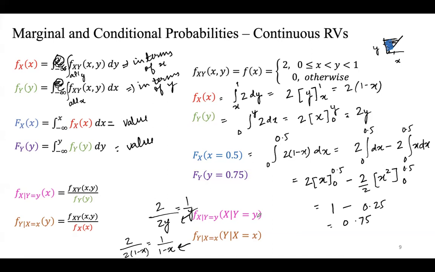So if it was 0.75, you just put that value right here. Likewise, this is the opposite. Conditional probability of getting Y when you're fixing a certain value of X. To get a particular value of X, you're doing it for all Y's. You get this marginal probability, and then that's divided by the joint probability.